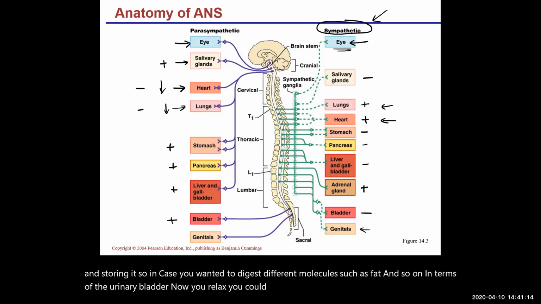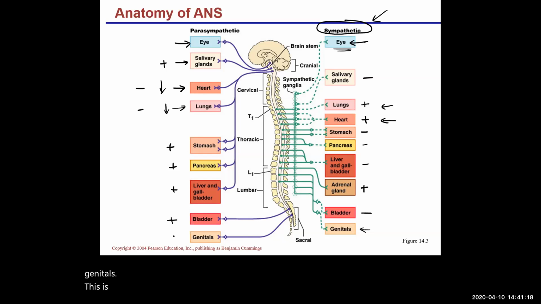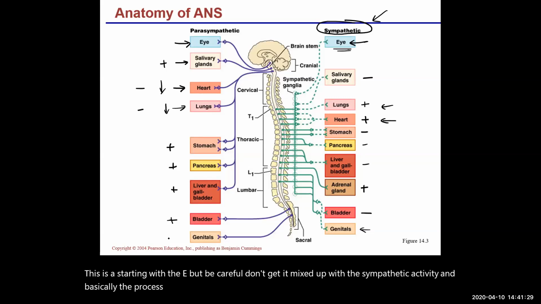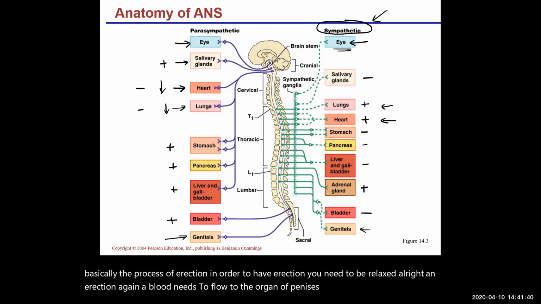And in terms of the genitals, this is starting with the E, but be careful, don't get it mixed up with the sympathetic activity, and basically the process of erection. In order to have erection, you need to be relaxed, all right? And erection, again, blood needs to flow to the organ of penis, and in female, to the organ of the clitoris.